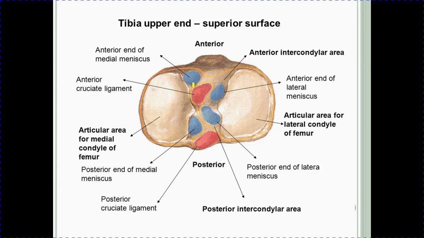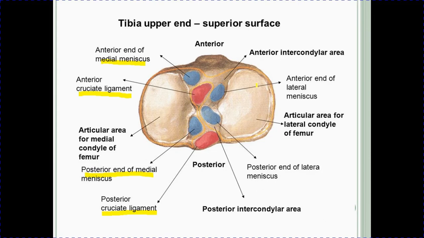Now in this figure you can see the red marks, they are for the attachment of cruciate ligaments. This is for the anterior cruciate ligament and this is the attachment of the posterior cruciate ligament. The blue marks are for the menisci. This is the anterior end of the medial meniscus and this is the posterior end of the medial meniscus.